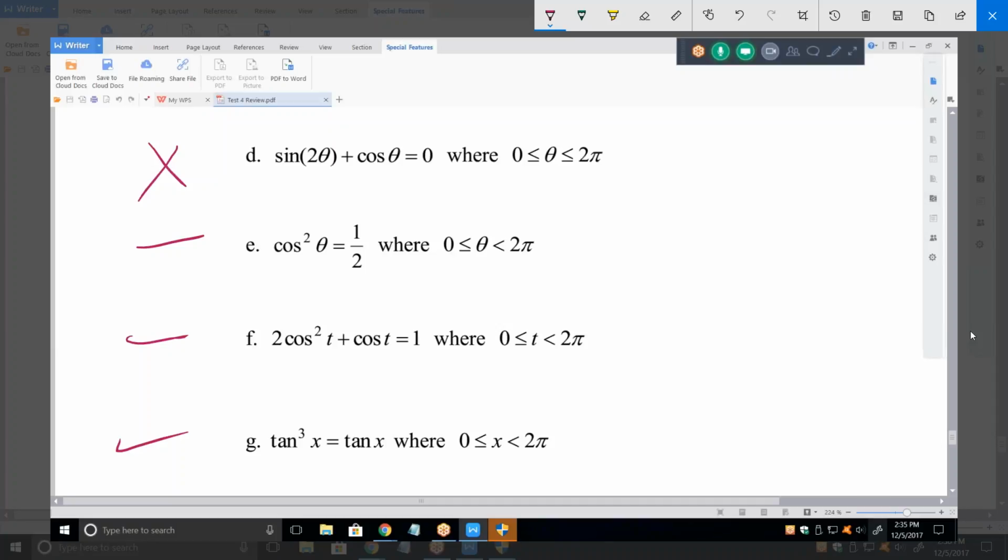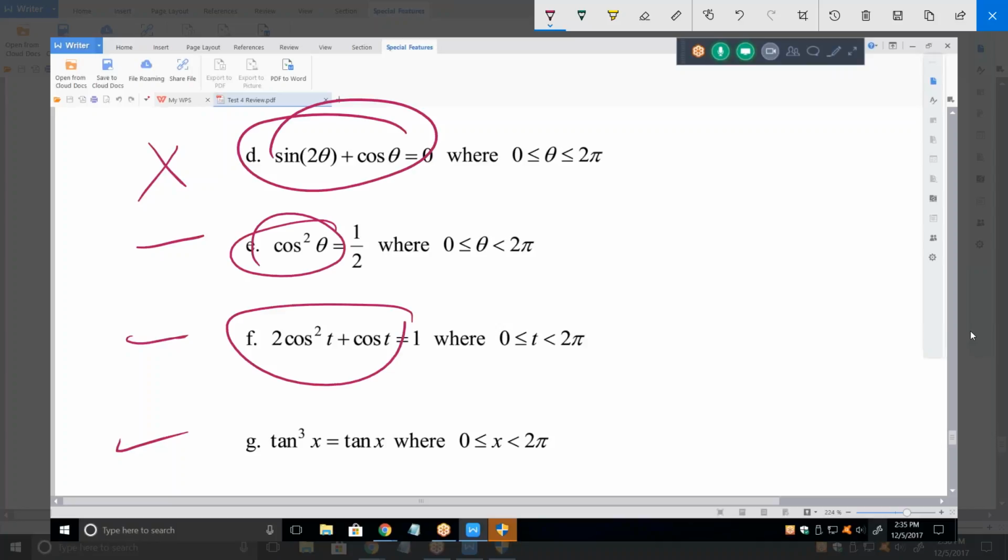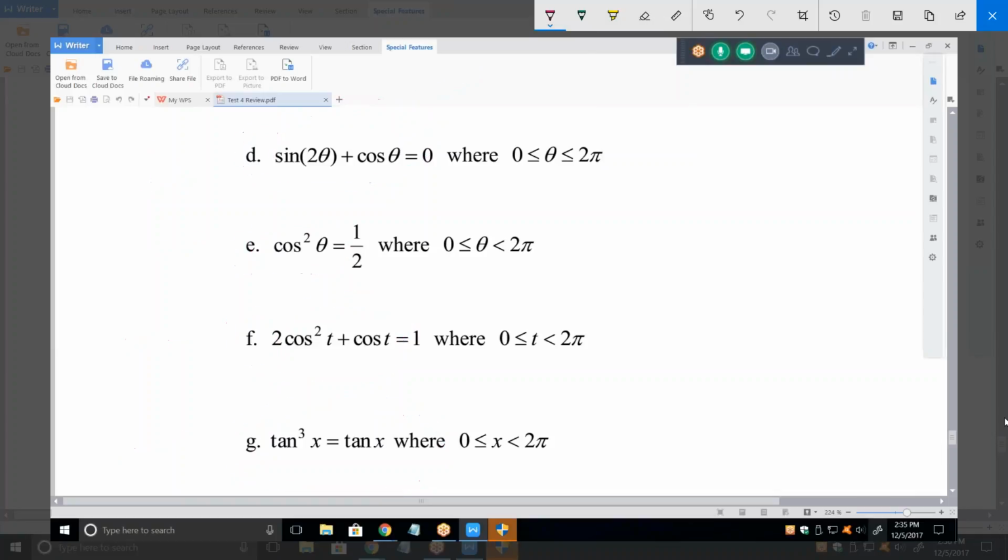No, the difference is this got two trig functions in it. This got one trig function, one trig function, one trig function. This one's got two different kinds. And it's extremely difficult to solve trig equations when you have two different kinds of trig functions. So our goal, can we turn this into one trig function?